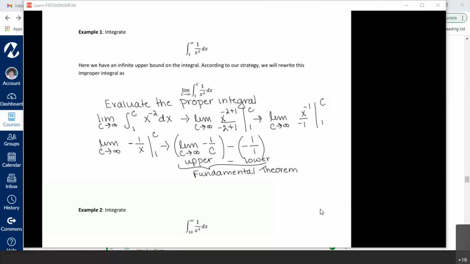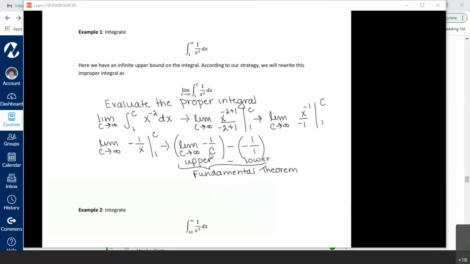You can put your answer in the chat, or unmute. What do you think I should put here? Does this limit exist? Well, the denominator c gets large, which means the fraction approaches 0.